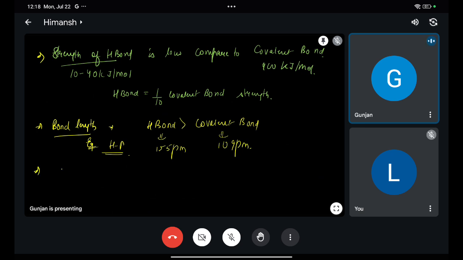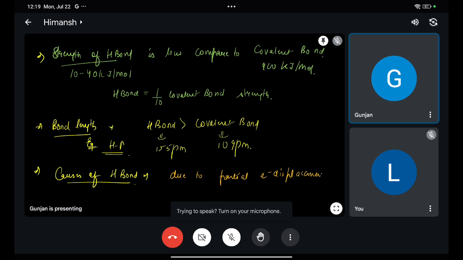What is the cause of hydrogen bond? The cause is due to the formation of partial charges, partial electron displacement.